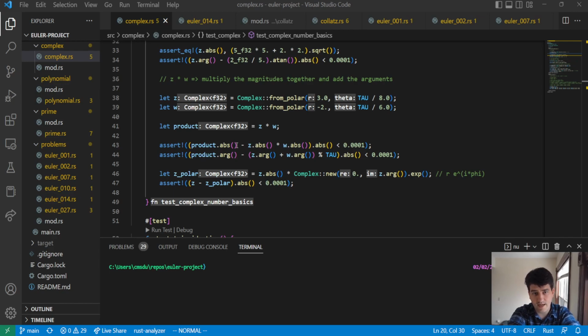Let's impl add U32. And let's impl add Eisenstein integer for U32. I don't think I'm allowed to do this. Unless I am. But I don't think I am. But we'll find out.